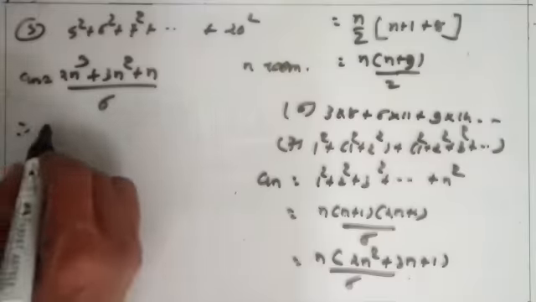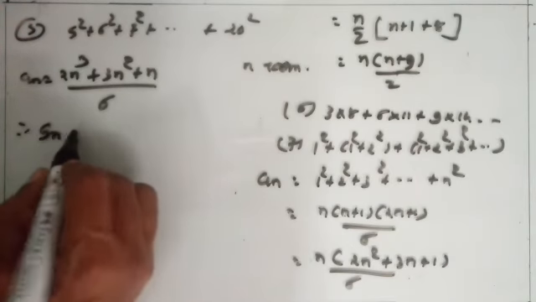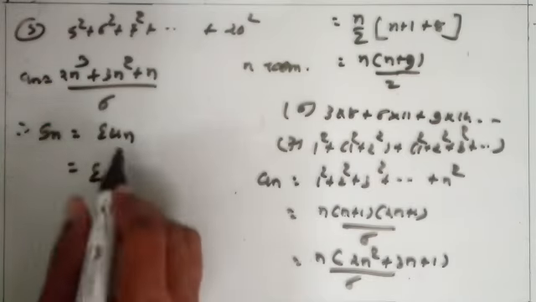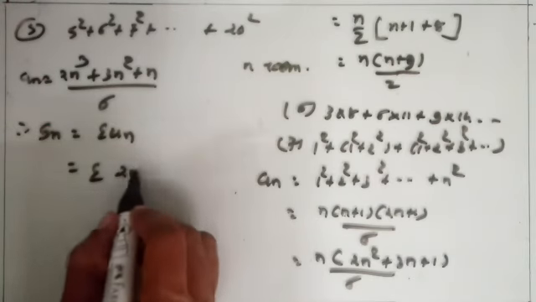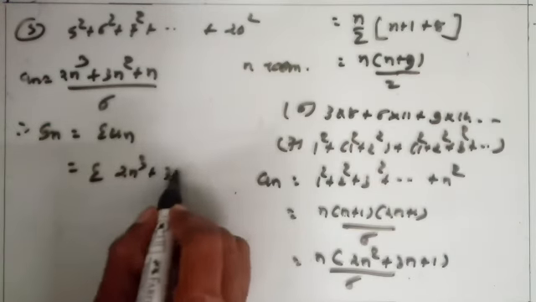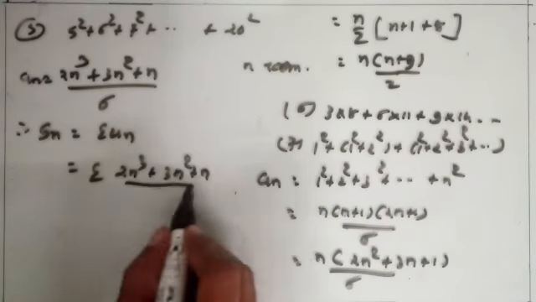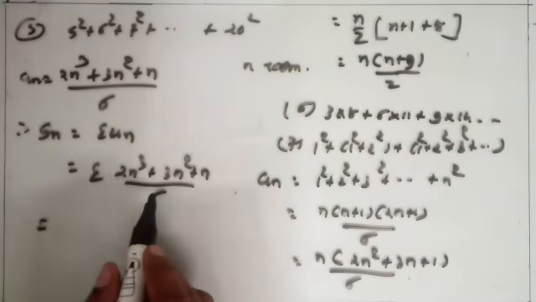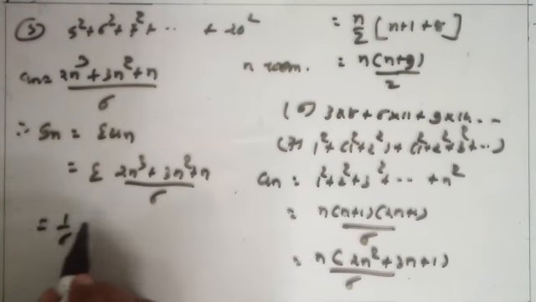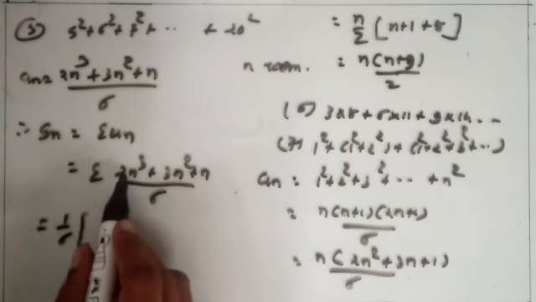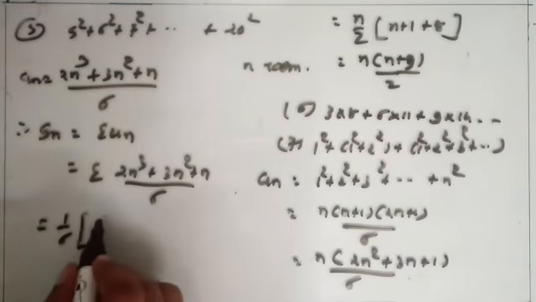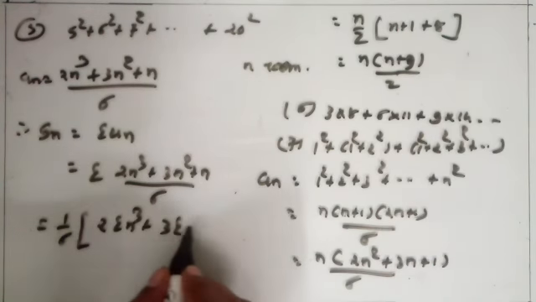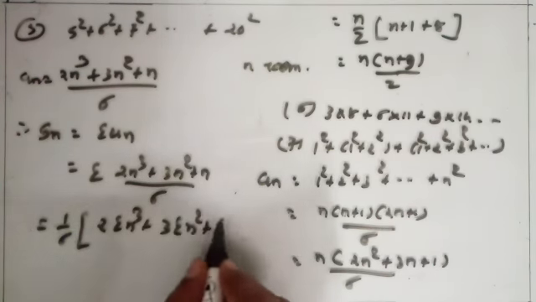Therefore the sum of all terms Sn is equal to sigma an, we know that. So sigma an is equal to 2n raised to 3 plus 3n square plus n upon 6. Now 1 upon 6 take outside, into bracket: 2 into sigma n cube plus 3 into sigma n square plus sigma n.